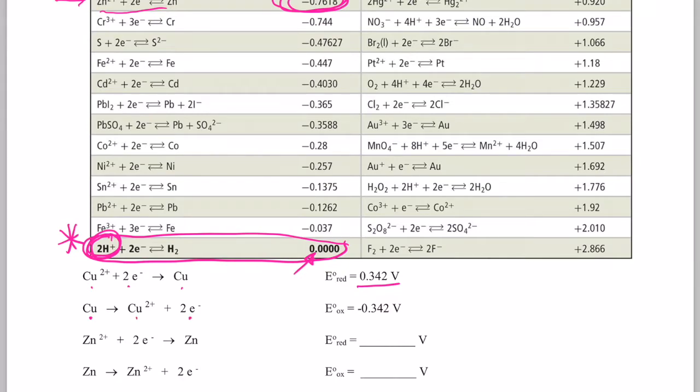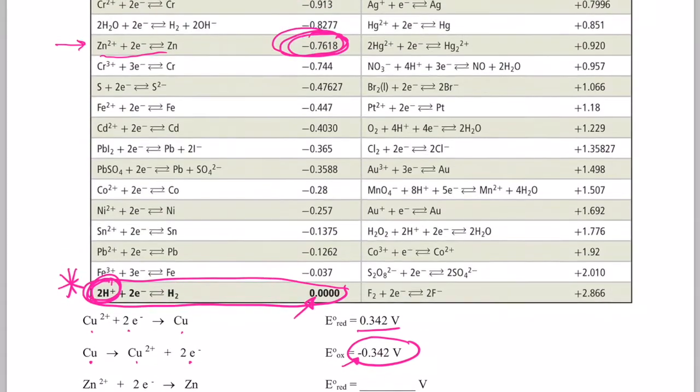And it turns out that the oxidation potential is the exact opposite of the reduction potential. The reaction's written backwards, so the sign is backwards as well. So the reduction potential is positive 0.342 volts. In order to go backwards and lose electrons, the oxidation potential is a negative 0.342 volts.